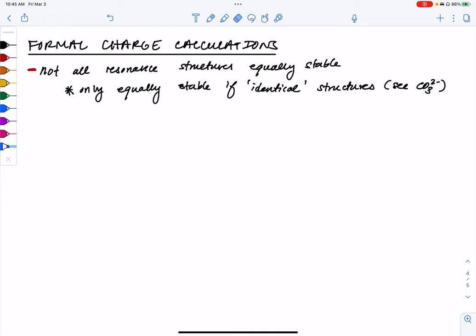So I've started here by making a statement, which is that not all resonance structures are equally stable.